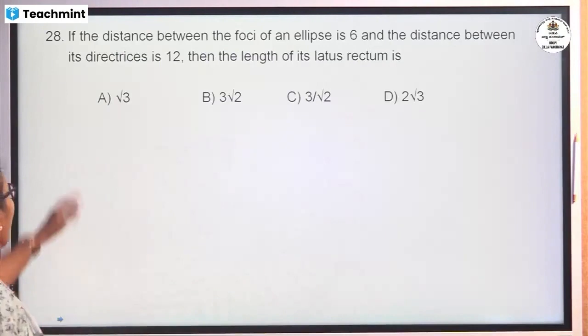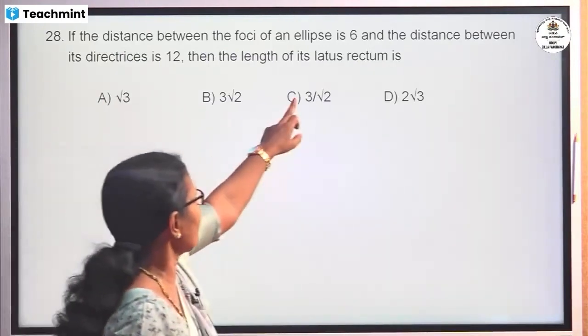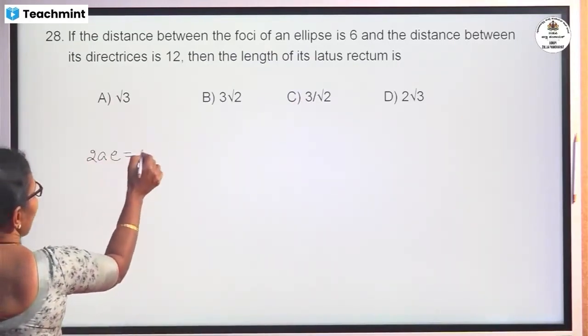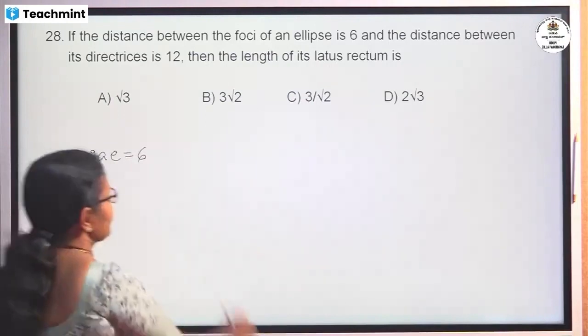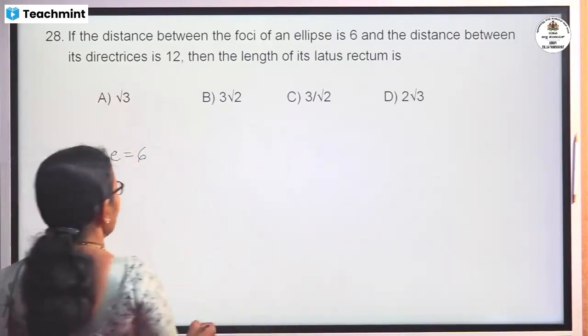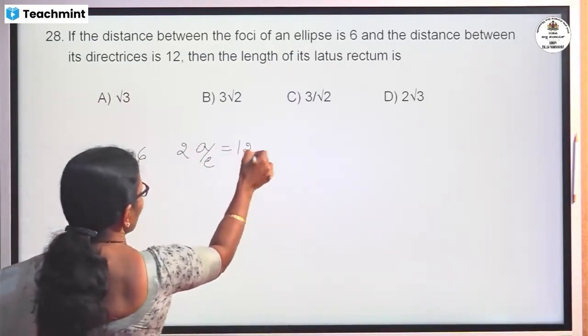Next, if the distance between the foci of the ellipse is 6, distance between the foci means 2AE is equal to 6. And the distance between its directrices, distance between directrices means 2A by E is equal to 12.